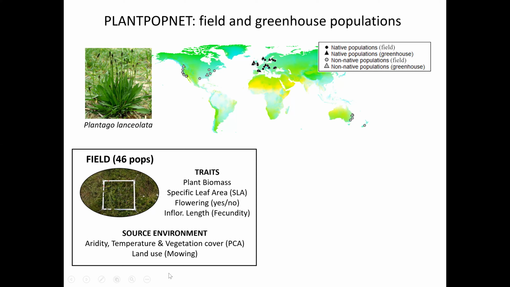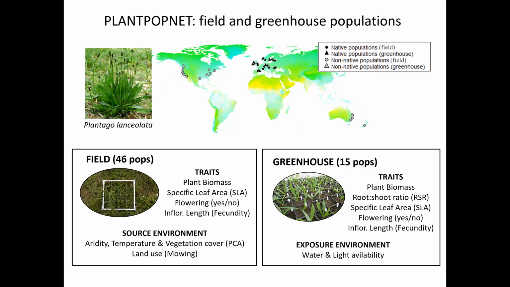And we also obtained climatic and land use data. In a common garden experiment with offspring from a subset of 15 of those 46 populations, we recorded the same traits as well as root-to-shoot ratio, and we exposed plants to different levels of water and light availability.